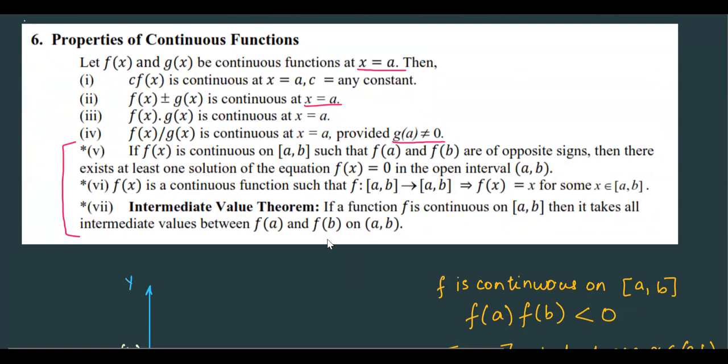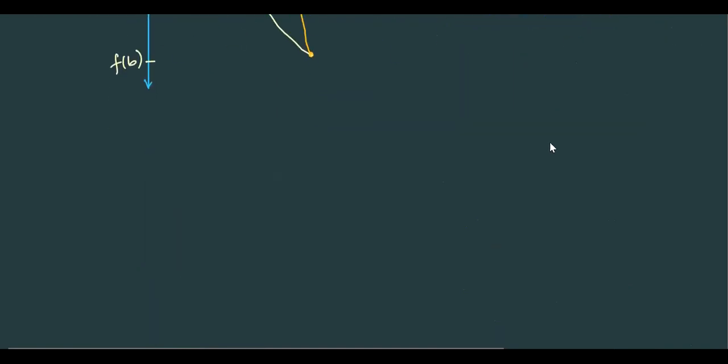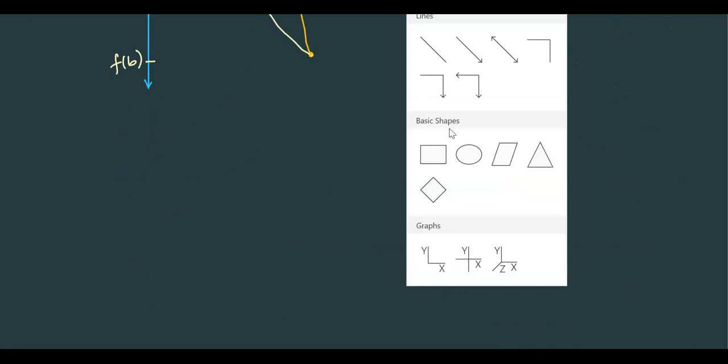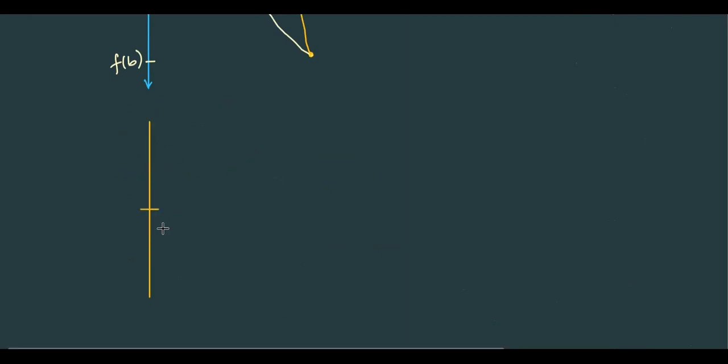Now, next, if f of x is a continuous function such that f maps AB to AB. This is just an extension.